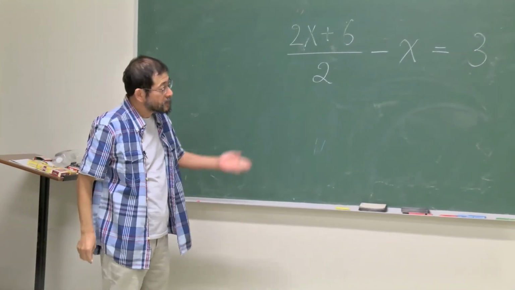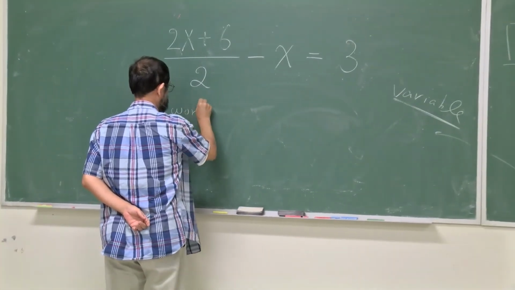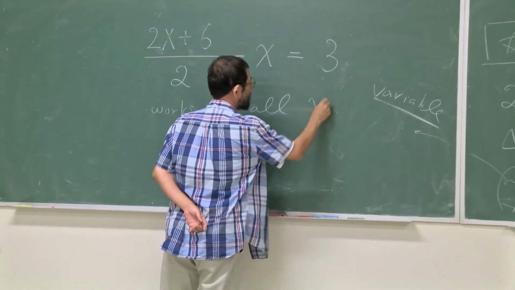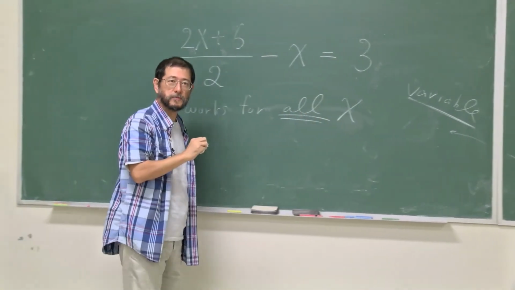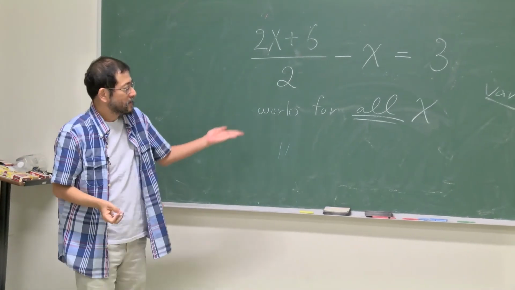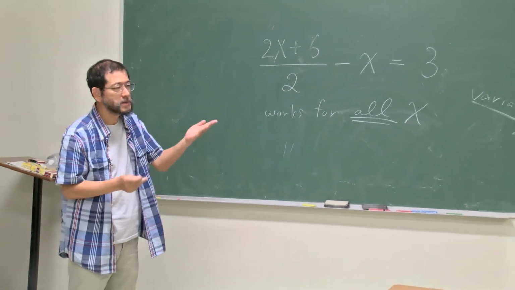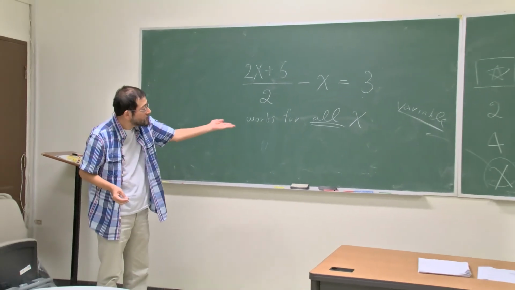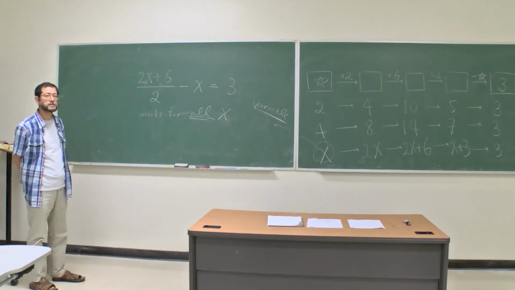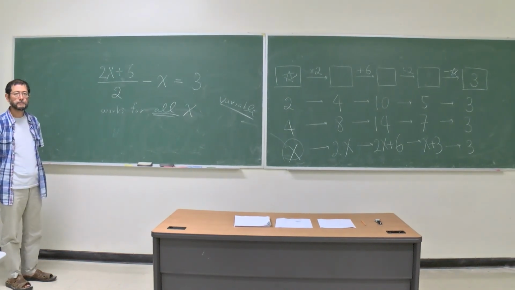So the good thing is this works for all x. No matter what x you start with, you always get 3. That's why you don't have to actually repeat this a million times. Just this simple computation replaces a million times of arithmetic. So that's one of the reasons you study algebra.